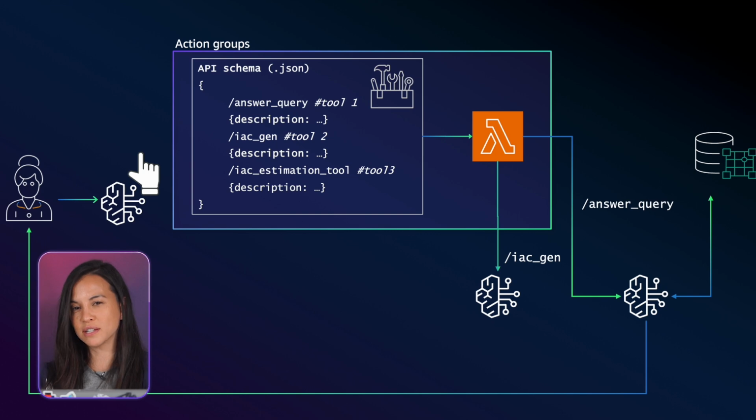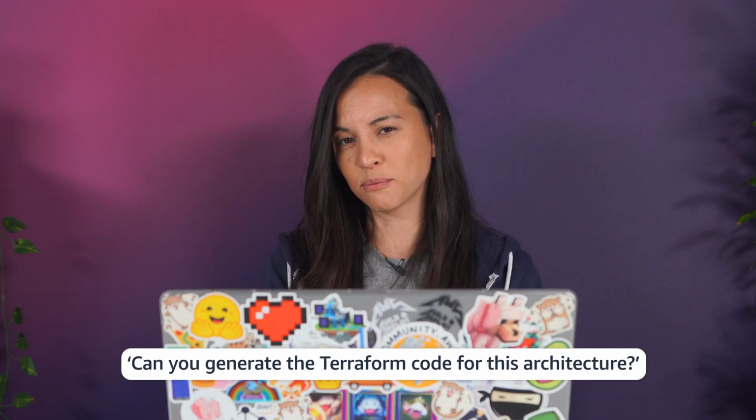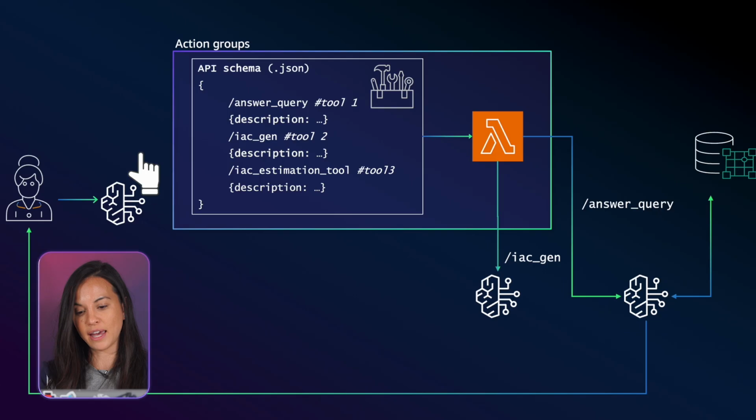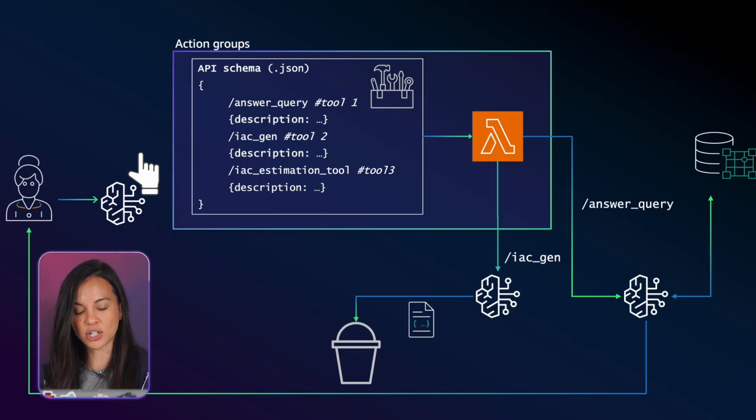If the user is asking a question, for example, something like, can you generate the Terraform code for this architecture, and you have a function that does this, and it says in the description, then your LLM will be able to find that function with the API root, YakGen, and trigger the function that will drop the Terraform file inside of an S3 bucket.